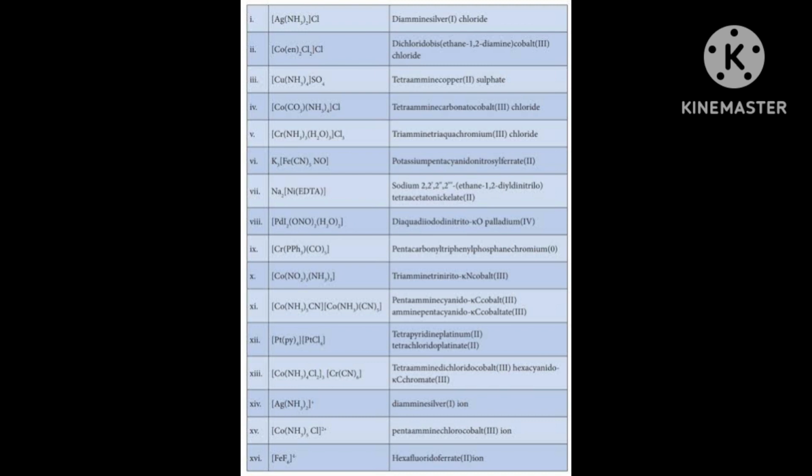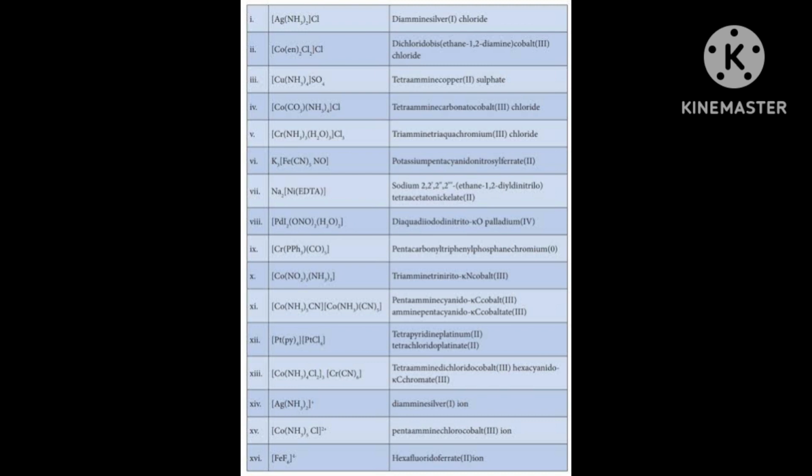Both are Ag. The only difference is that the first has NH3 2 times, and the second has CN 2 times. Very good question, very good complex. This is fit for all examinations. There is a complex cation, and the complex anion is [Ag(CN)2].